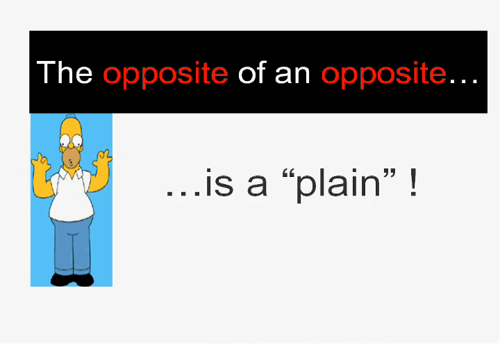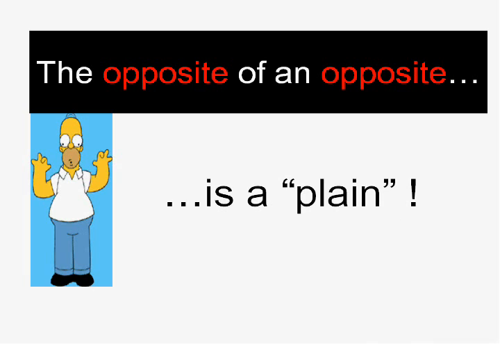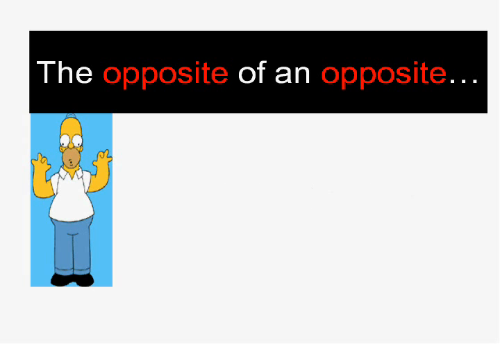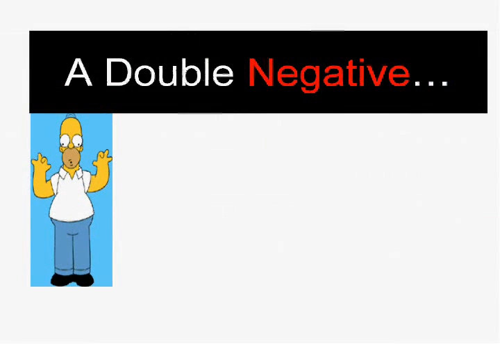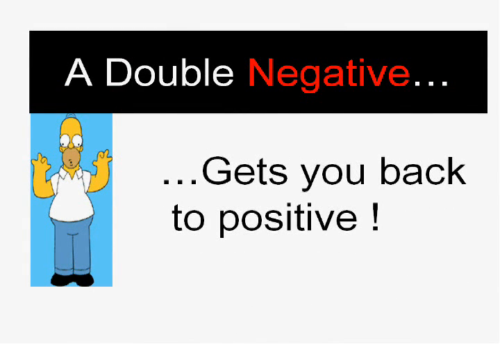The opposite of the opposite is a positive. Okay, the negative of a negative is a positive. A double negative is going to get you back to a positive, and we're pretty good with positives.